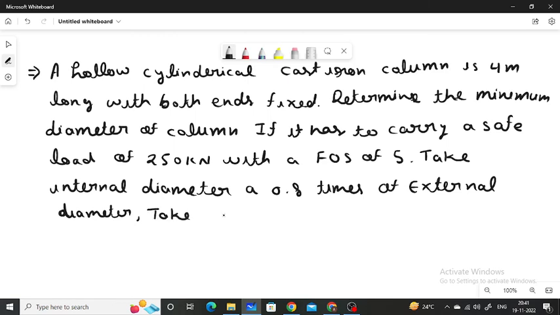Take A is equal to 1 upon 1600 in Rankine formula, and sigma C has been given 550 meganewton per meter square.